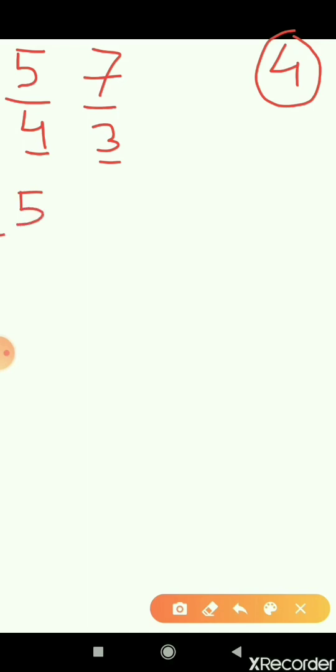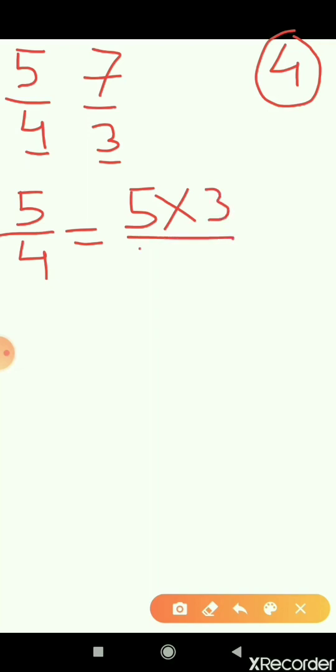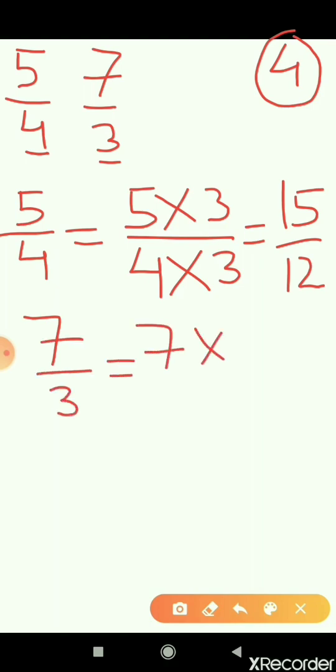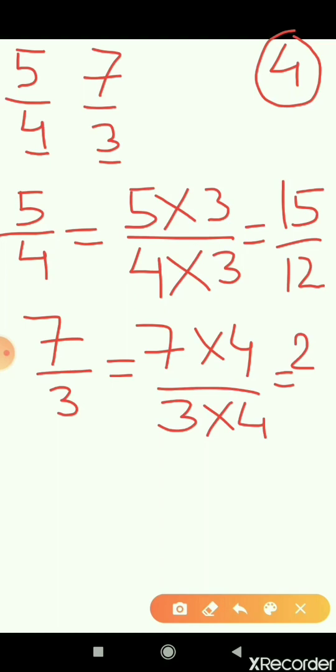First number is 5 upon 4, equal to 5 into 3 upon 4 multiplied by 3 is equal to 15 upon 12. Next number is 7 upon 3 is equal to 7 into 4 upon 3 into 4 is equal to 28 upon 12.